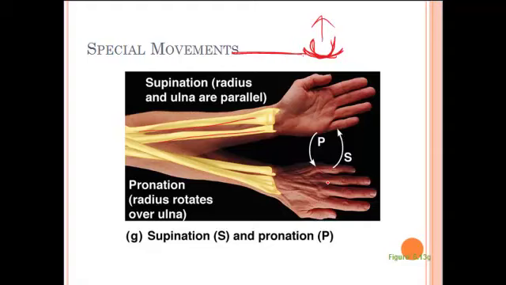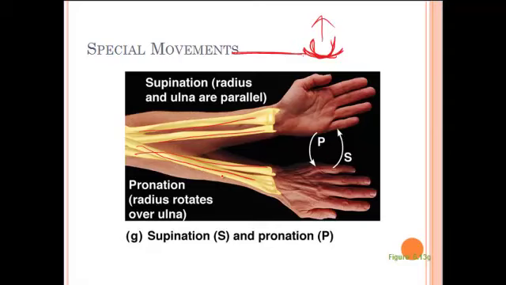The back of your hand is going to be facing forward or facing up, and this is going to cause your radius and ulna to cross each other. This is a weaker position than when your radius and ulna are next to each other, parallel with each other. Something to think about here is if you were to fall.